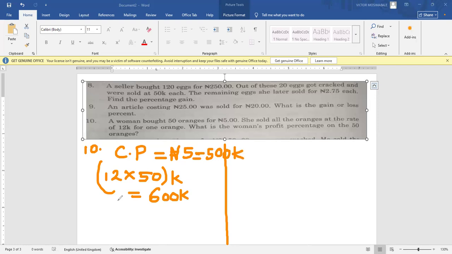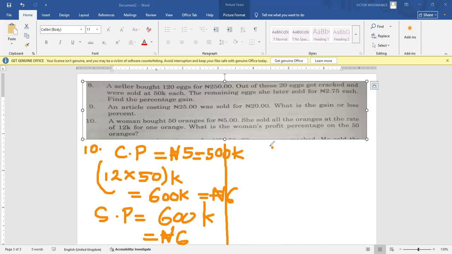Now, this is the selling price, 600 kobo. So the selling price obviously is more than the cost price. Okay, I can still choose to leave it at 6 naira. Yes, 6 naira. So let's work with naira so we don't have too many figures to work with. 6 naira, 600 kobo, 5 naira, 500 kobo.